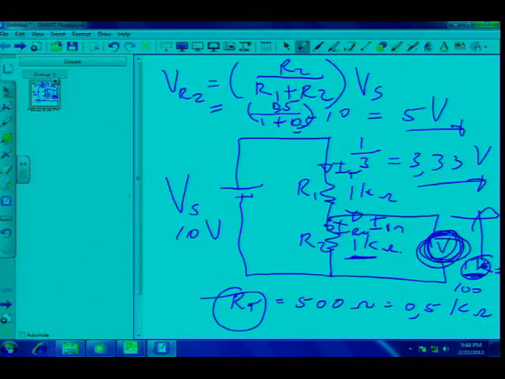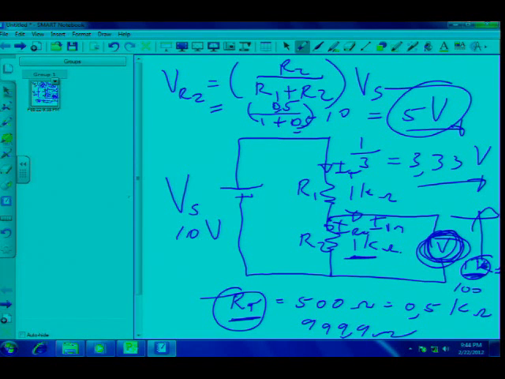The total resistance is now going to be approximately 999.9 ohms, which is very close to 1 kilo ohm. So can you see now what's happening? If I go back to my voltage divider formula and I put into R2 now 999 divided by 1 kilo ohm plus 999, I'm going to get very close to 5 volts again.